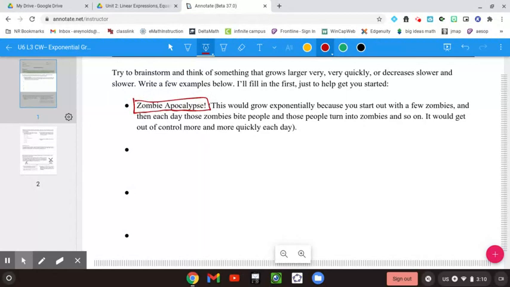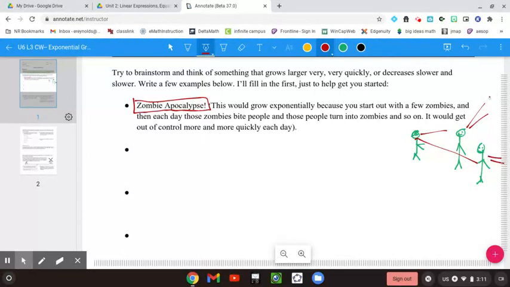So my example is a zombie apocalypse. If you think about it, let's say we've got one zombie, right? Don't judge my zombie, okay? This is my zombie. And these are 2 unsuspecting people just living their life, right? And then the zombie bites these 2 people, right? And then all of a sudden the next day, those 2 people bite 2 more people each.